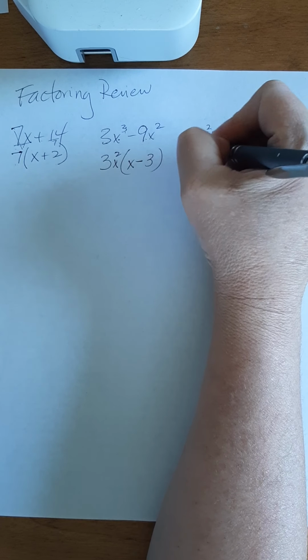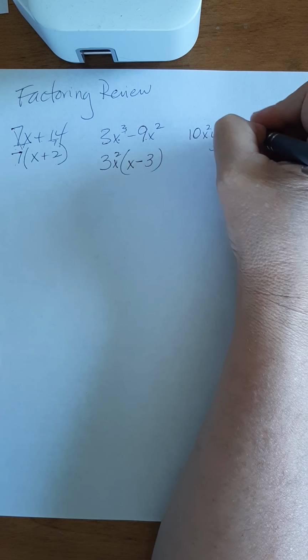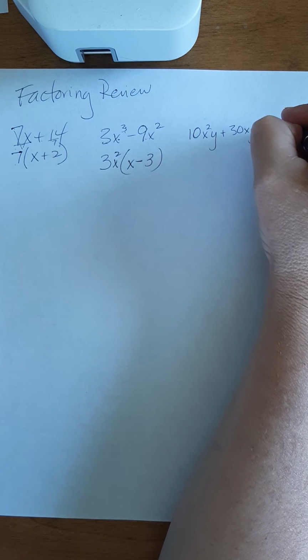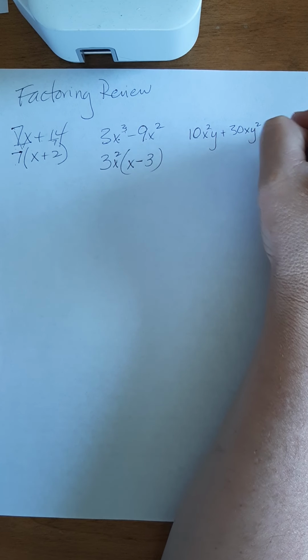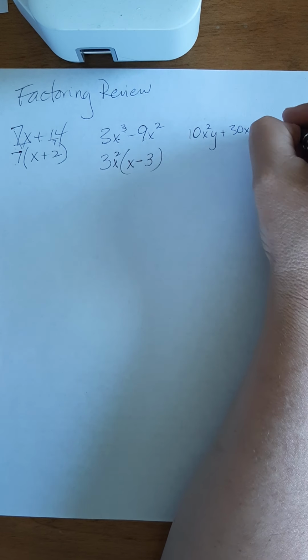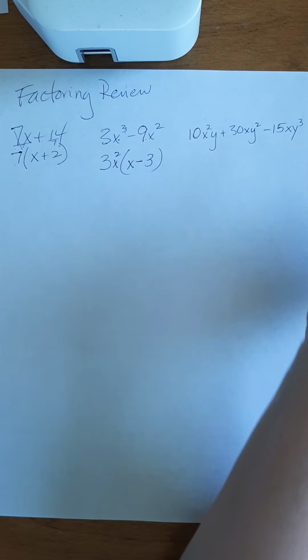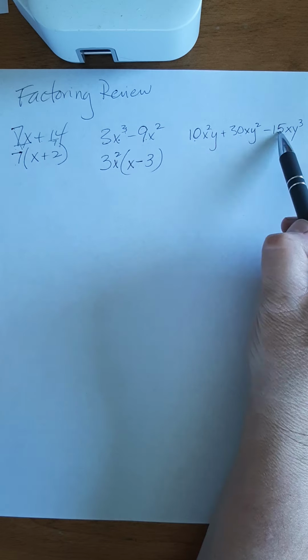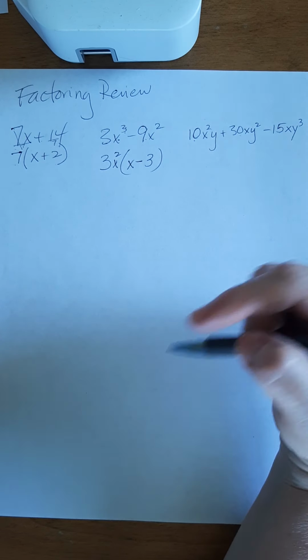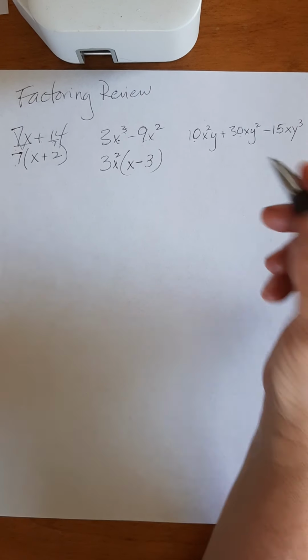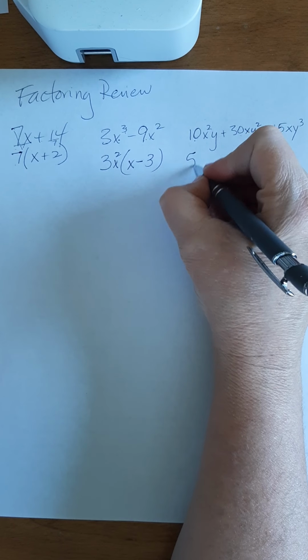Typically that would look something like this, let's say, I don't know, something like this. Well, 10, 30, and 15, the biggest number that they have in common as a factor, 5.